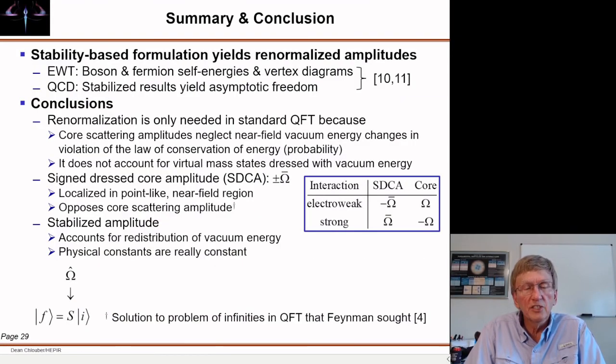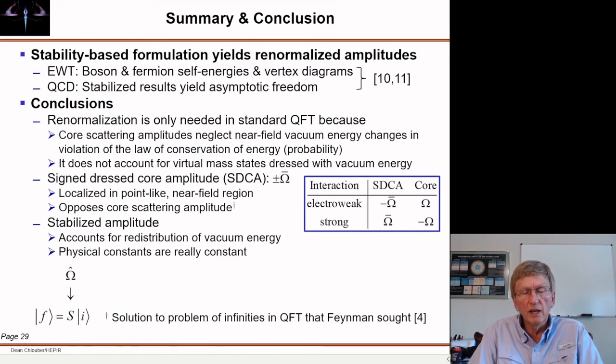In summary, the stability-based formulation yields renormalized amplitudes in agreement with experiment. We verified this for single loop diagrams in both electroweak theory and quantum chromodynamics. And we conclude that renormalization is only needed in standard QFT because the core scattering amplitudes neglect near-field vacuum energy changes in violation of the law of conservation of energy.